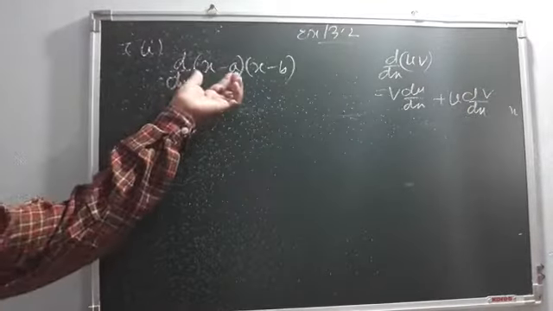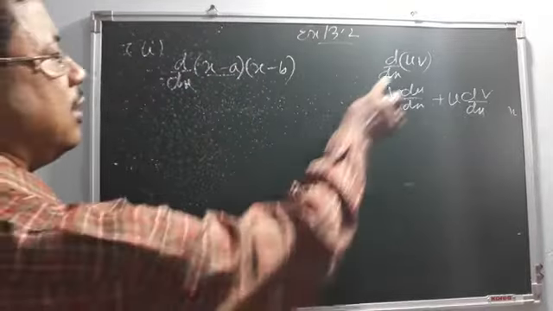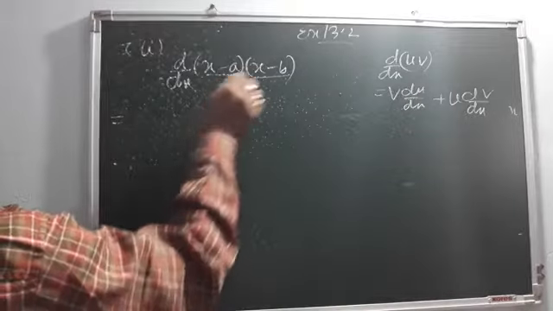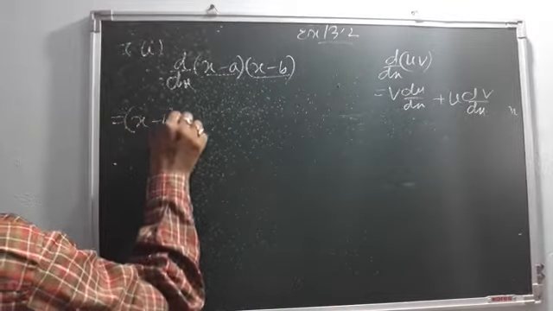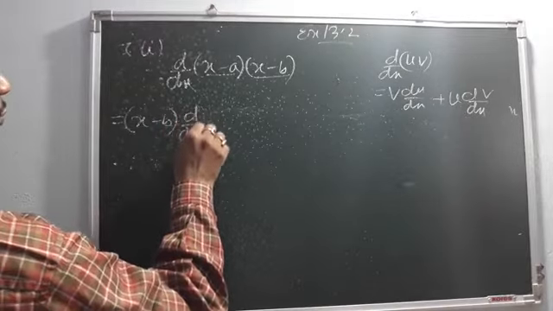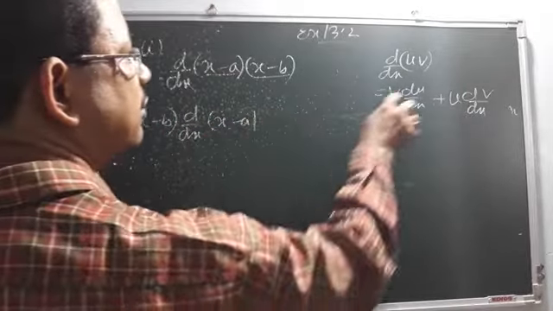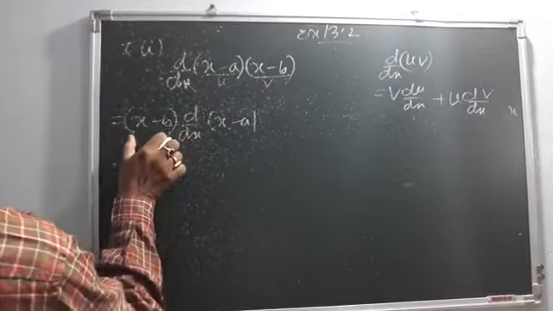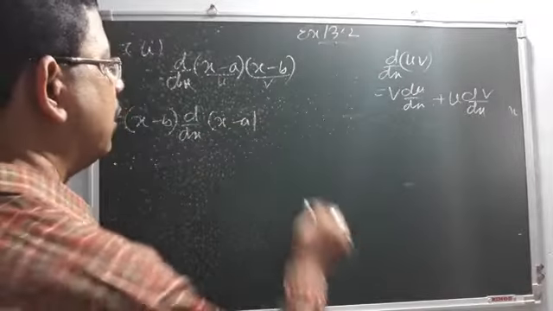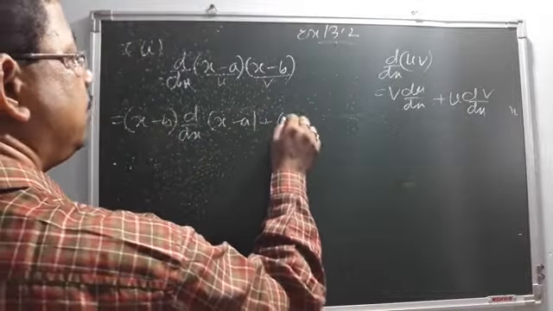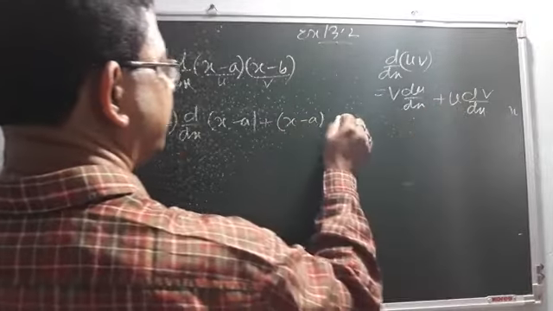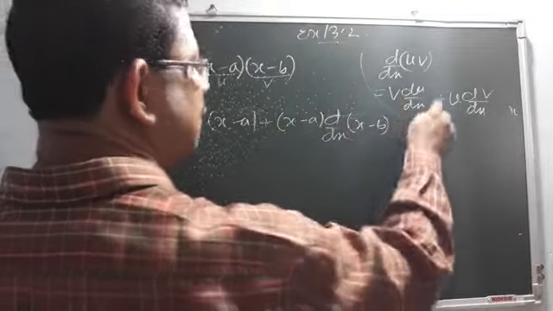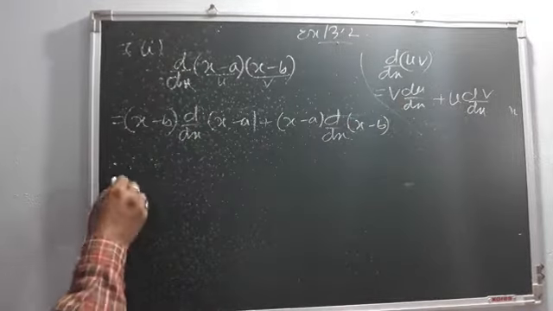If we consider u is x minus a and v is x minus b, then we can write x minus b, then d dx of x minus a. See here, I have used v into du dx. So I have kept v and differentiated u. Then we have to keep u here, and differentiate x minus b, using that Leibniz product rule.